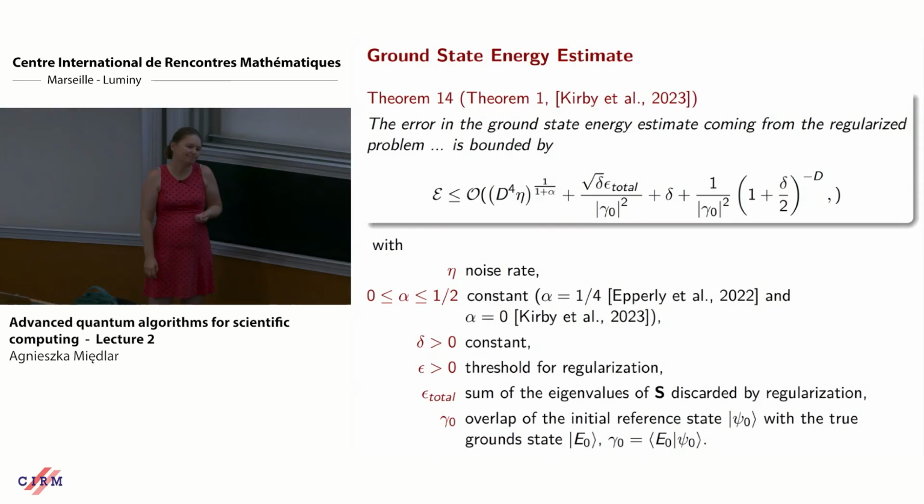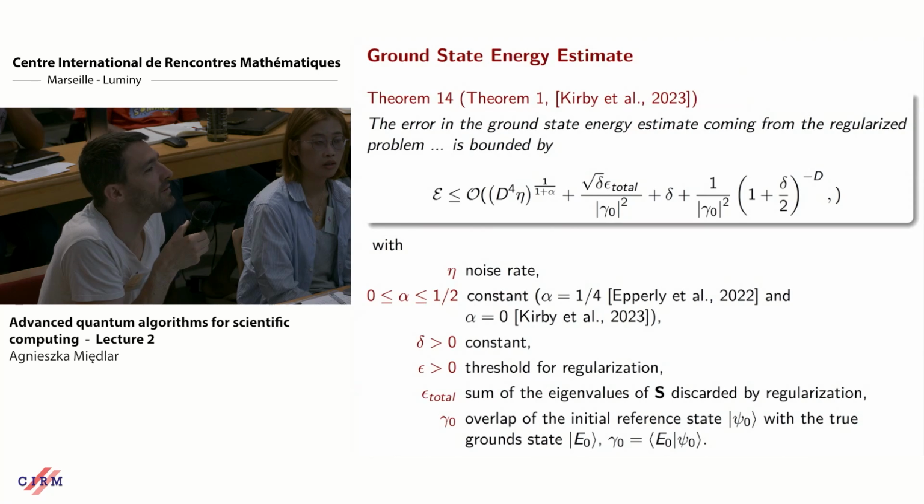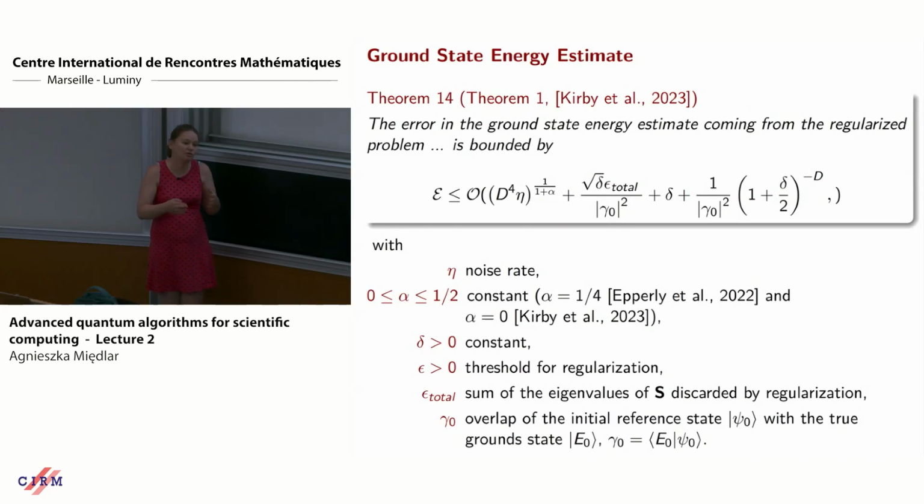And so then the question is, do you expect on general grounds that you have access to an initial state that has a large enough overlap with the solution you're looking for? Yes. In order for this procedure to work, we need the initial state to have this proper overlap.